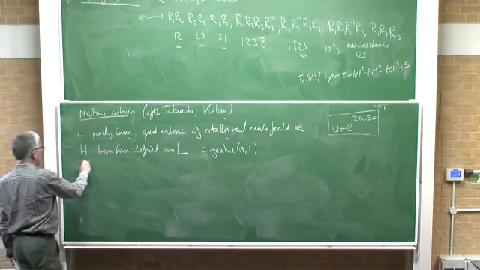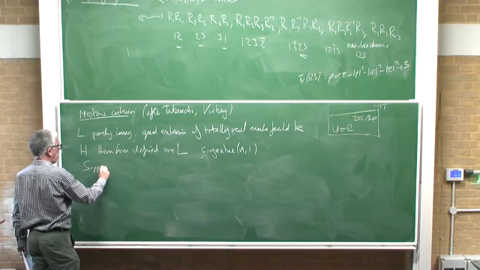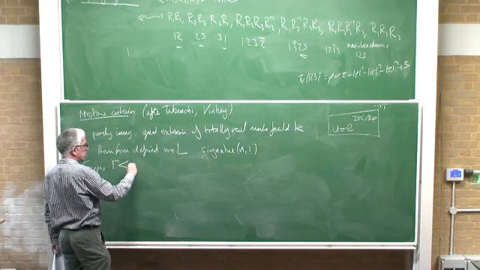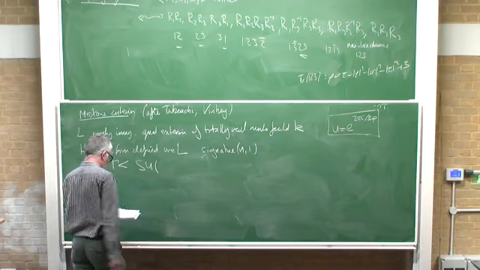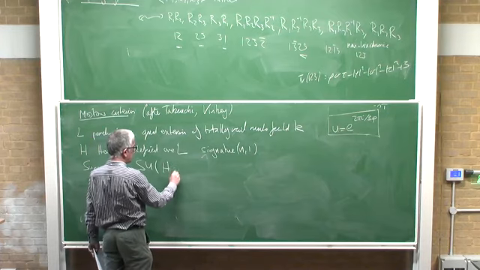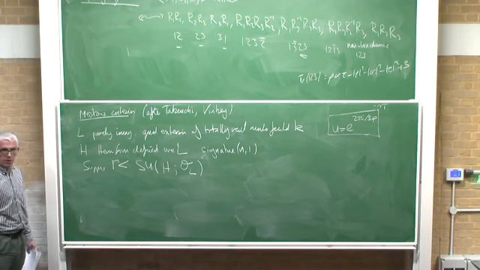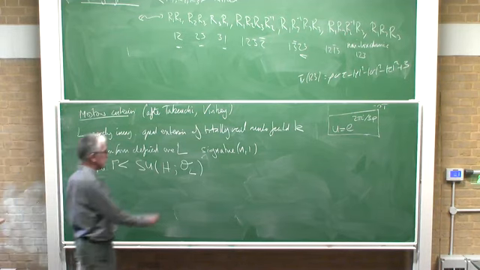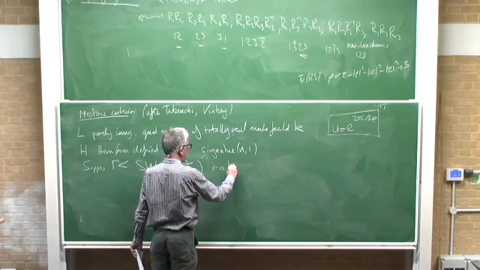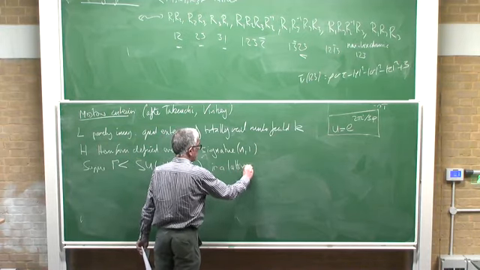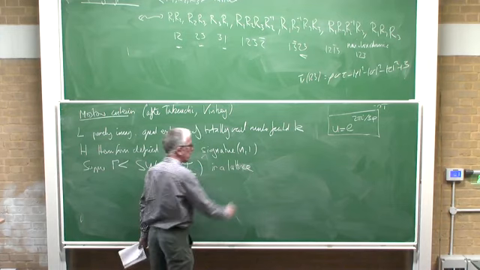And then we suppose that gamma, which is a subgroup of SUH with entries in the ring of integers of L, is a lattice. We assume that we know that somehow.